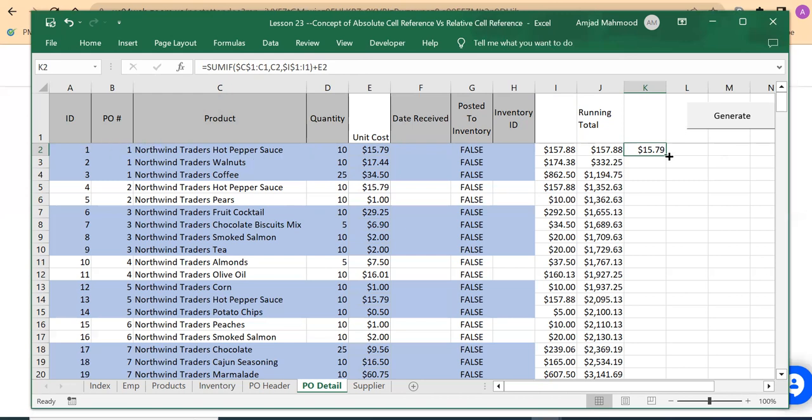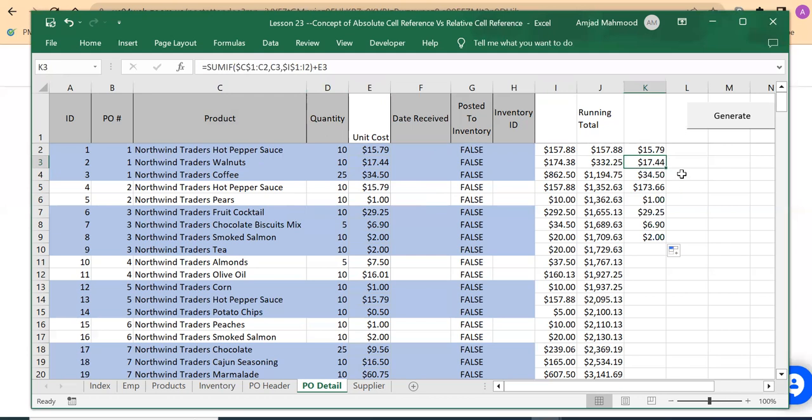Now, if we copy it downwards, look what happens. This is 17, well, into 10, 174, right? And this is 174.